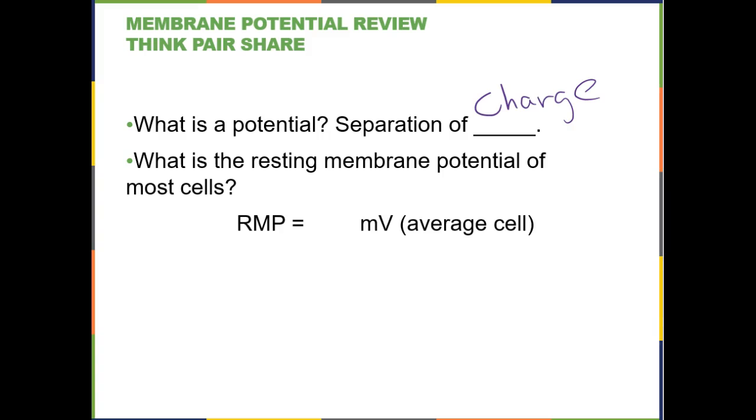So the resting membrane potential is the separation of charge that you find across a membrane at rest when it's not being stimulated by a neuron or some other type of stimulus. And it's normally somewhere around negative 70 millivolts. So every cell in your body has a resting membrane potential that is somewhat negative. And we measure that on the inside.